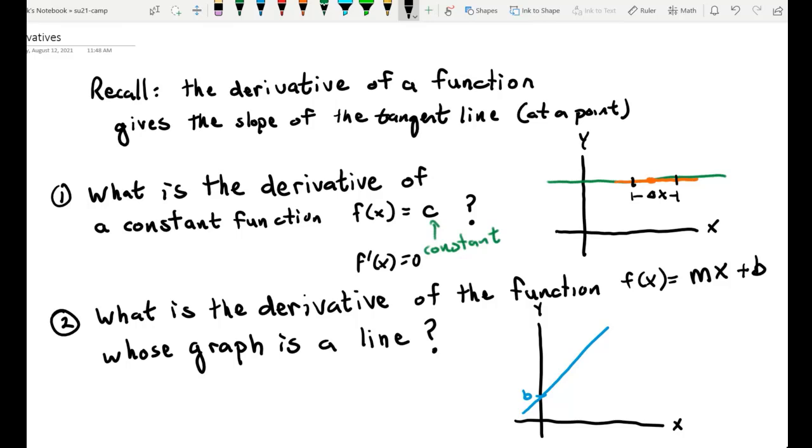Okay. So what about if your function is a line? So some slope times x plus some y-intercept. Using the interpretation that a derivative gives you the slope of a tangent line at some point on the graph, we can once again see that if you take any point and you try to guess what a tangent would look like, you'd be drawing over the same line, right?